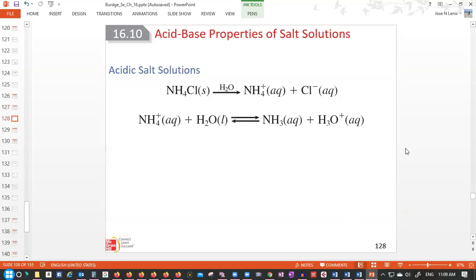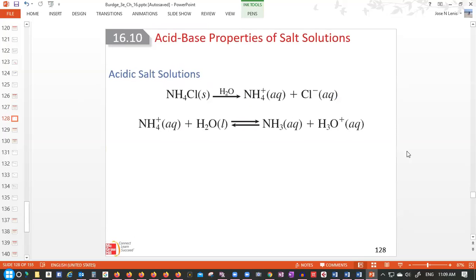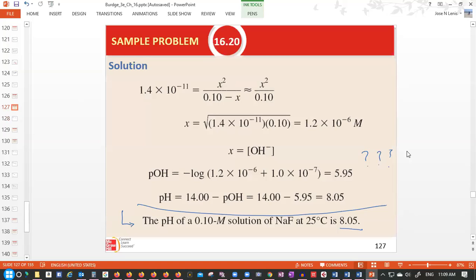All right, let's see this case. This is another salt. And the previous salt, we have a conjugate, strong conjugate base, F minus.